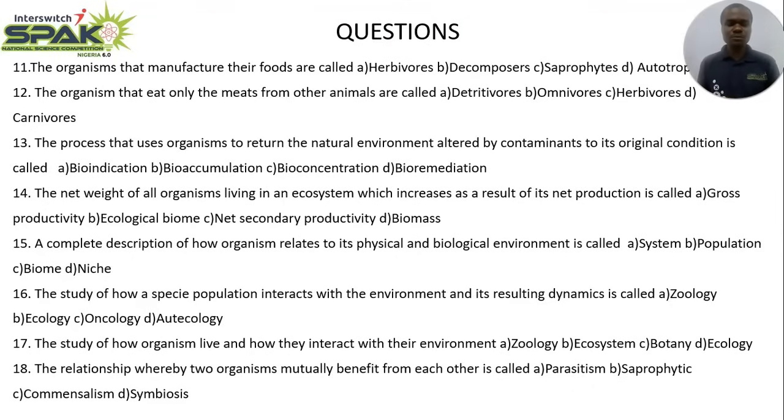Or the one between the bacteria that live in the root nodules of a leguminous plant. The bacteria get a home, a place to live, an apartment in the nodule, a dwelling place there.